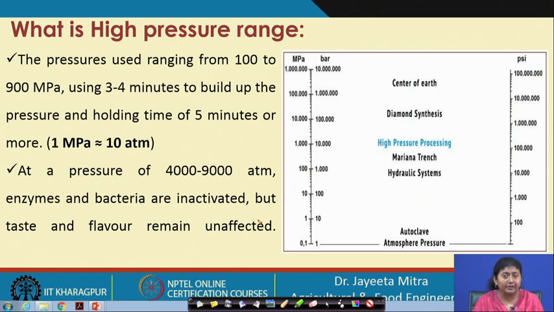That may vary from microorganism to microorganism, even for bacteria or mold, and generally the enzymes are more resistant. So, for them high pressure is required, around 4000 to 9000 atmosphere. However, still the taste and flavor are not affected.